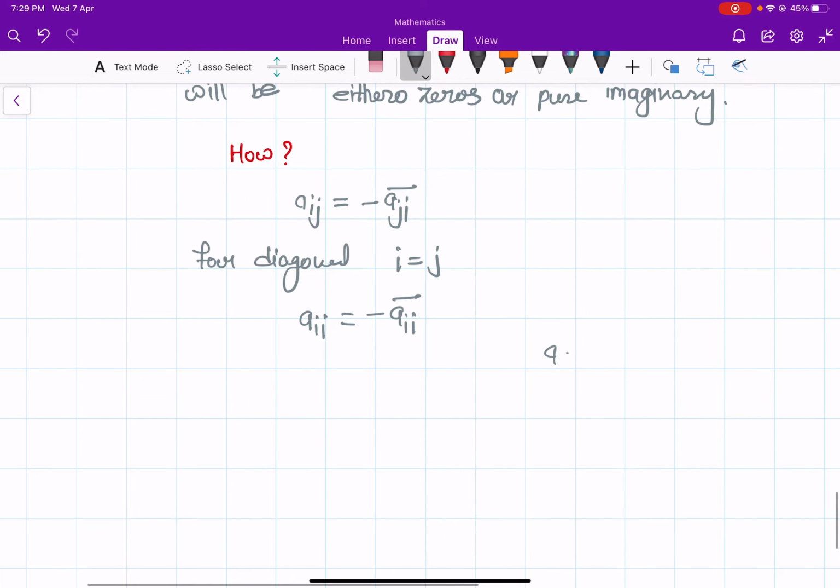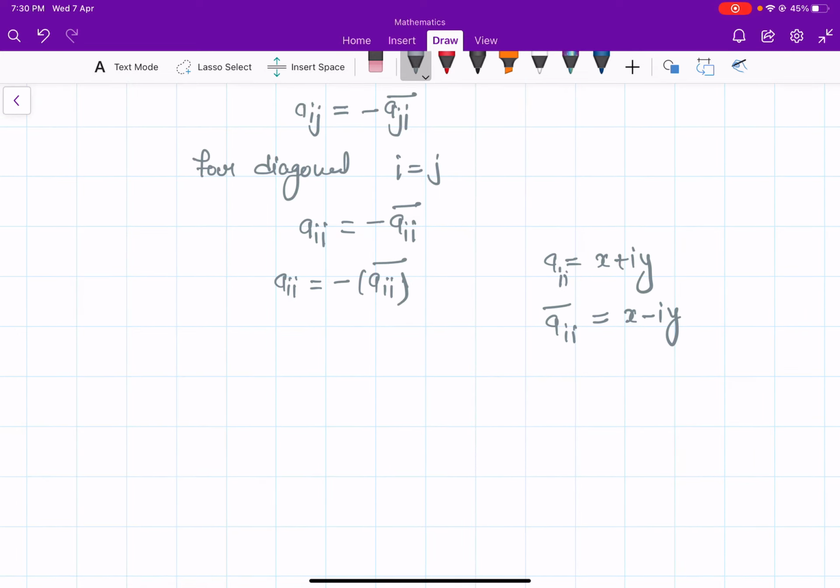So if we consider Aii is equal to x plus iy, then the complex conjugate of Aii will be x minus iy. So Aii is equal to minus of Aii and its conjugate. So x plus iy is equal to minus of x minus iy. So x plus iy is equal to minus x plus iy.